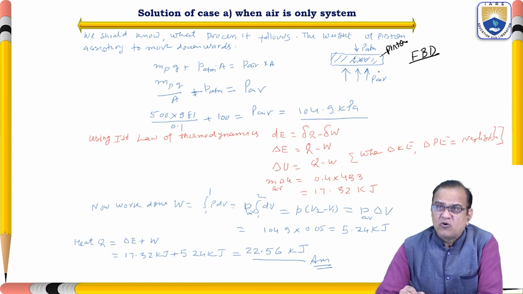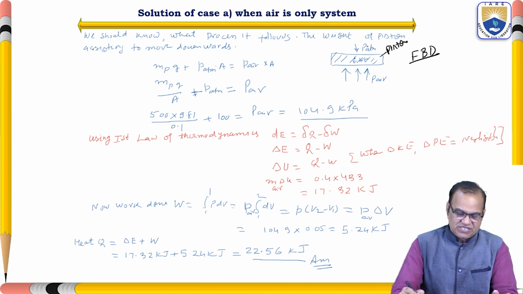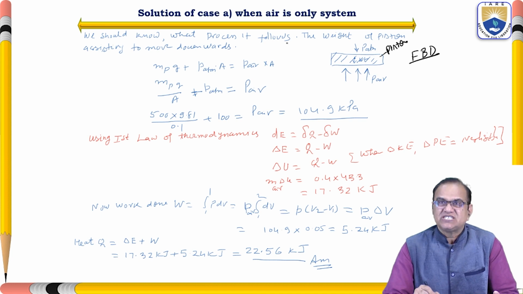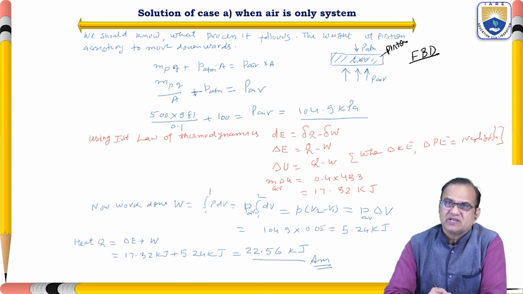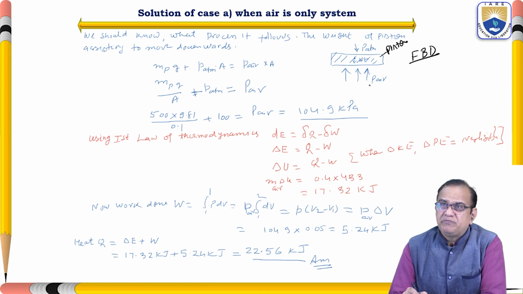The weight of the piston assembly is trying to move downwards. So MP into G, the total weight of this piston, plus the total force on the upper side, that is P atmosphere into area, is equal to P air from the bottom into area.